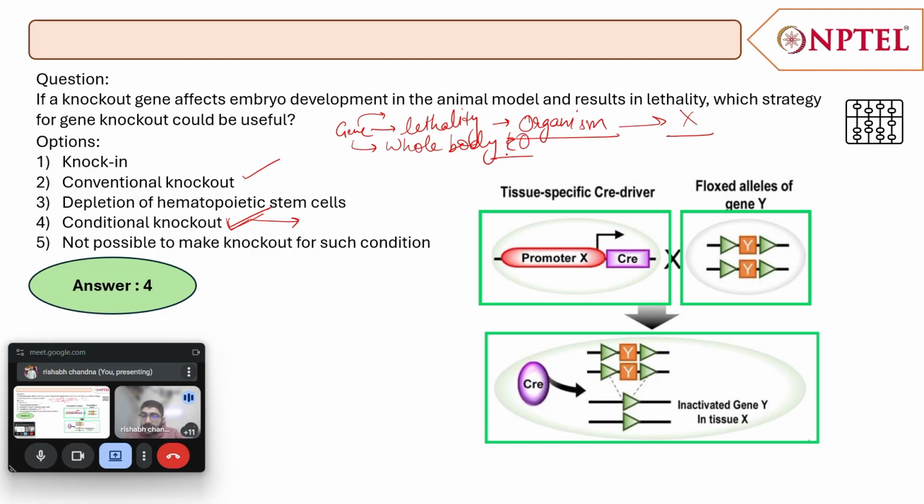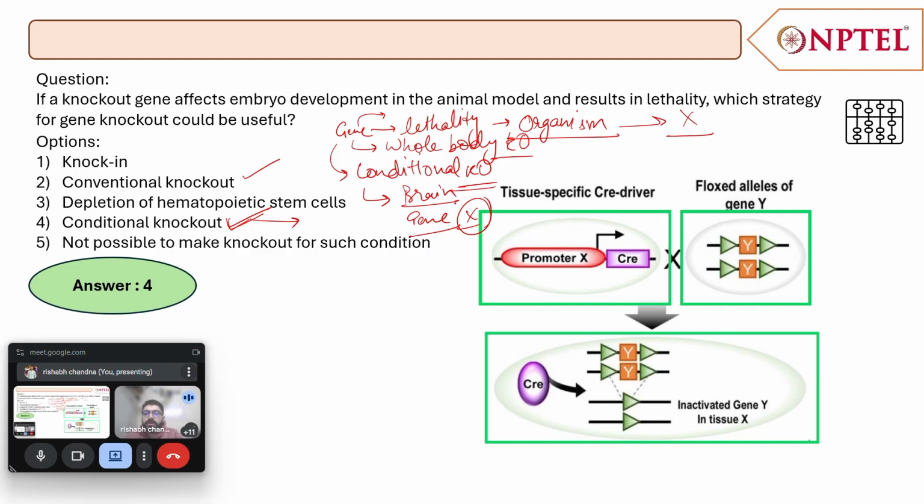So, if that is the case, then we generate conditional knockouts. Conditional knockouts are the knockouts in which, if we have to study, for example, the brain, then that particular gene is knocked out in the brain only. Okay, it will not be knocked out in any other region of the body.